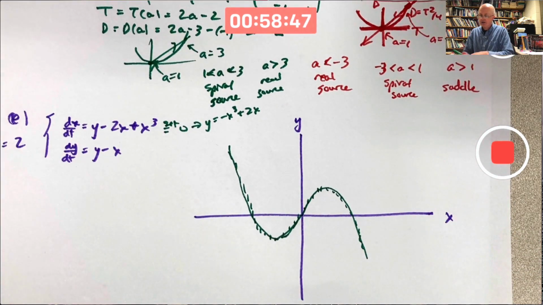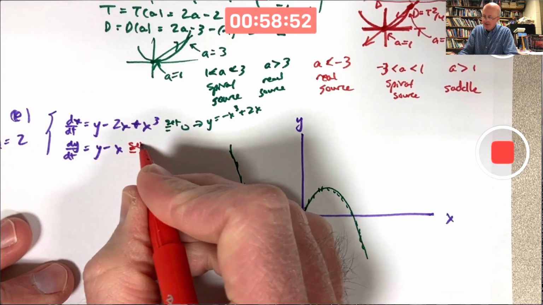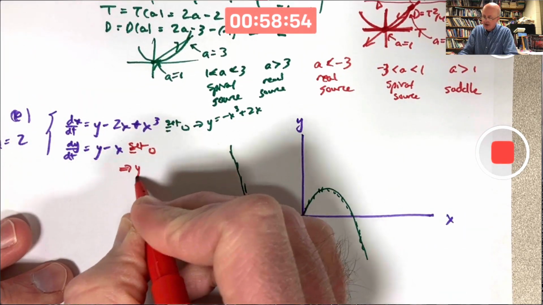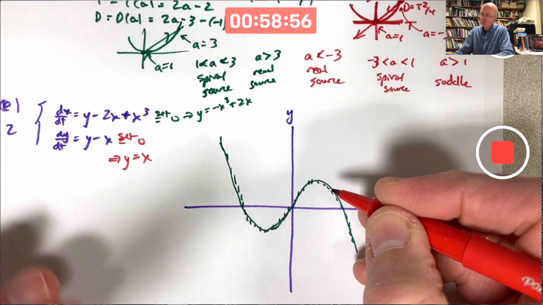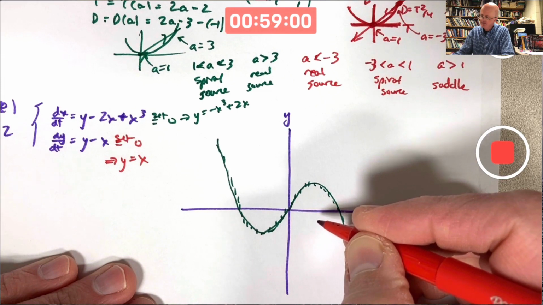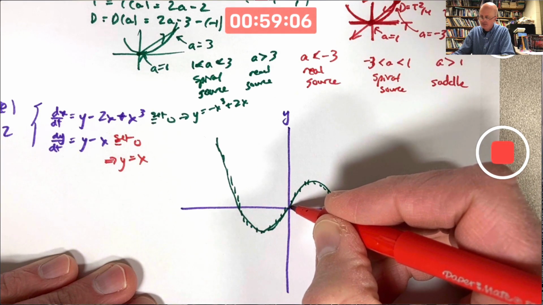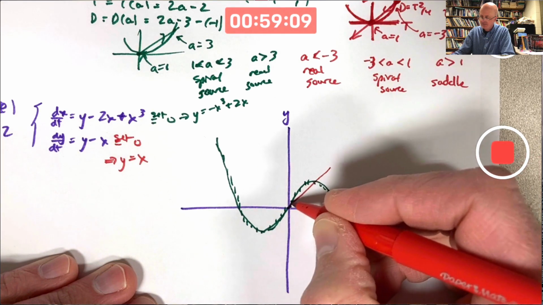And the y null line is where dy/dt is 0. And that's going to occur along the line y equals x. Will it be like this or like that? I'm not sure. I'm not going to worry about it. Say like this.